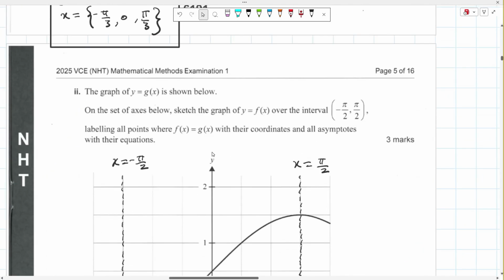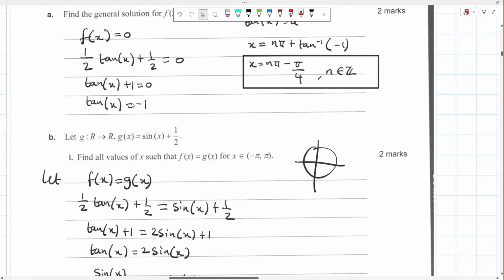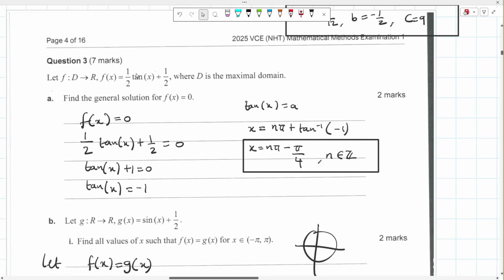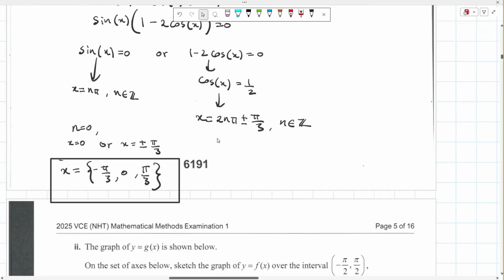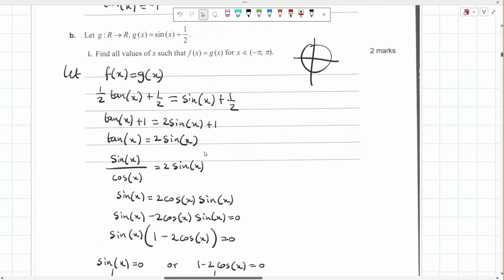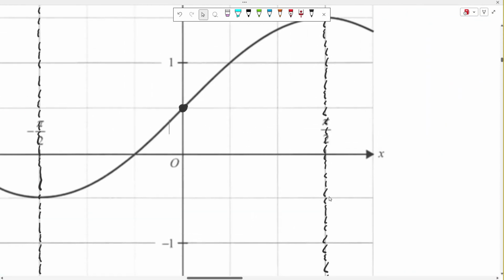Okay, now our tan of x graph. The y-intercept is just going to be 0, half, because if you put 0 in here, that becomes 0, that becomes 0, you just get left with a half. So they intersect at 0, half. Let's see where else they intersect. We know they intersect at x is equal to negative pi on 3. So first, let's figure out the scaling.